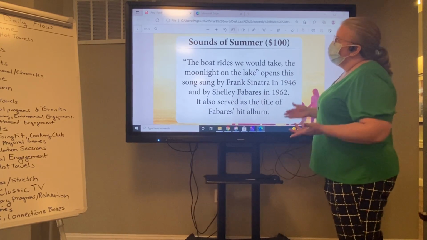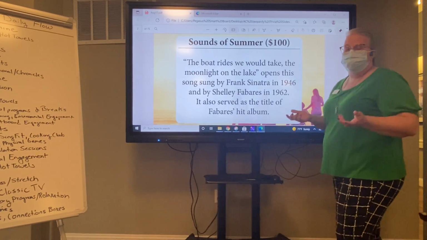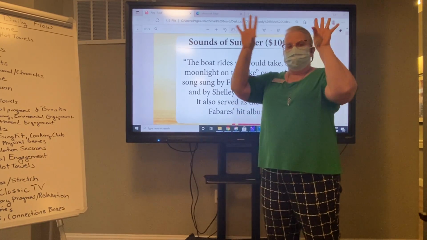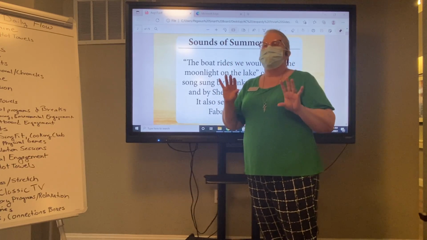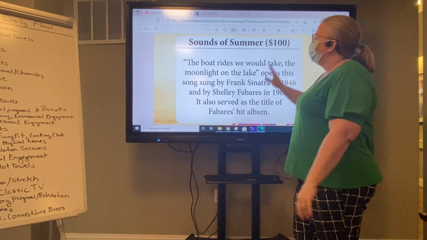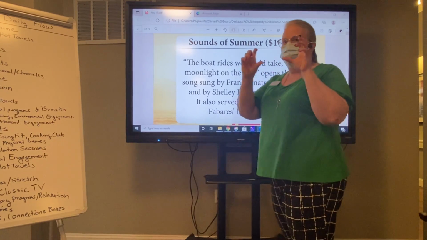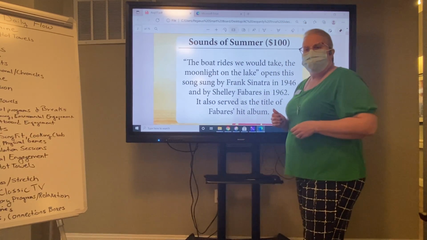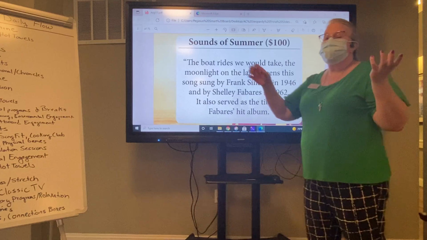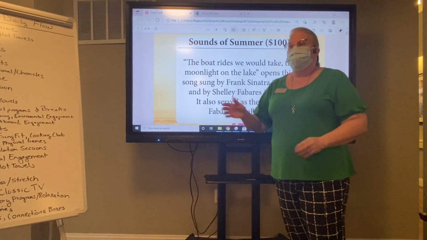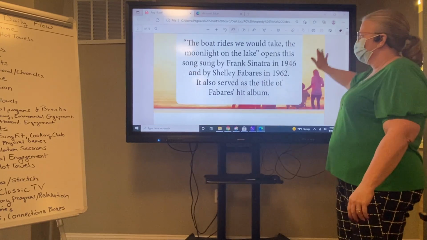A good way to use this Activity Connection Jeopardy is to make a Jeopardy board with the money amounts on it. Then as the residents get questions right, you can give them that money. Or you can have teams and have your whiteboard and the Jeopardy money board there together.